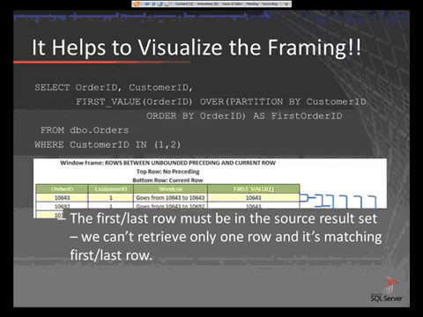Rather than old mechanisms for having to do this, like joining the table with a row number to where row number is -1 or equal 1 or things like that.